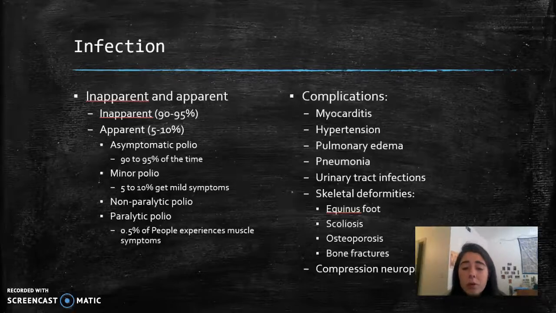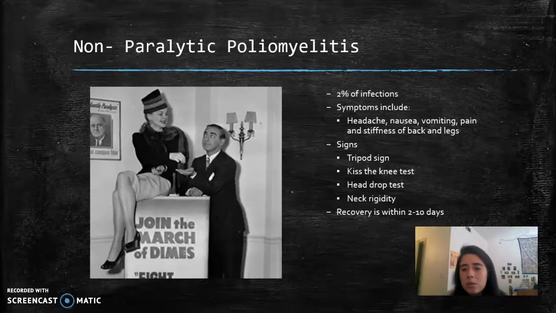You can also have non-paralytic polio and paralytic polio. And paralytic polio is 0.5% of people, who experience these muscle symptoms. Now, complications can occur like myocarditis, pneumonia, UTIs, and skeletal deformities.